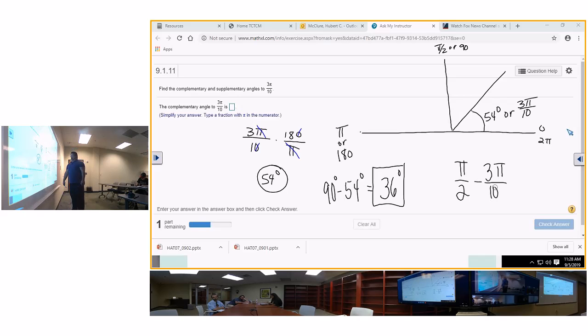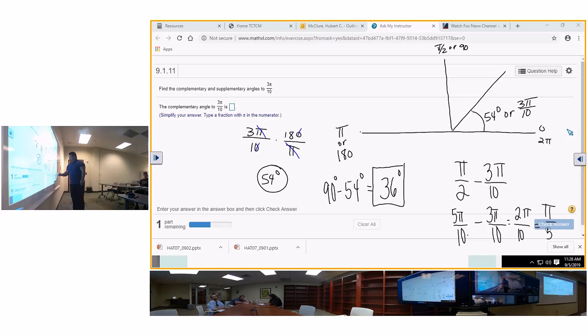You've got to get a common denominator, and 10 is your common denominator. 2 will go into 10 5 times, so pi over 2 is 5 pi over 10. 5 pi minus 3 pi is 2 pi over 10, which is pi over what?